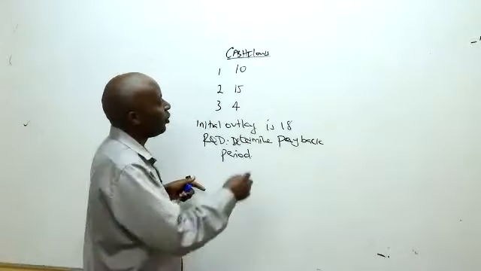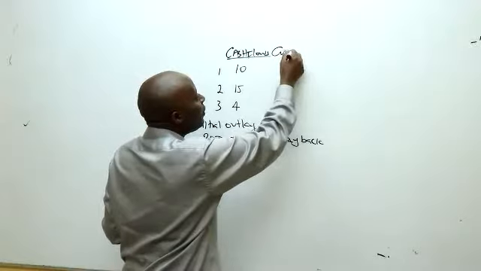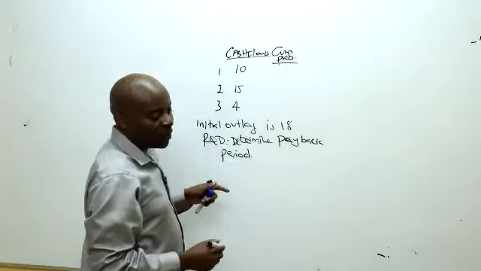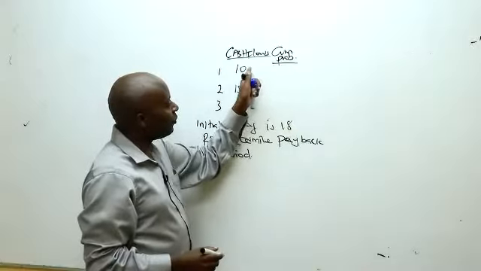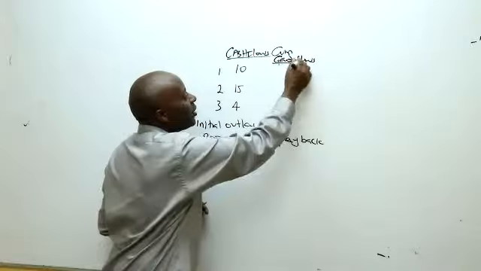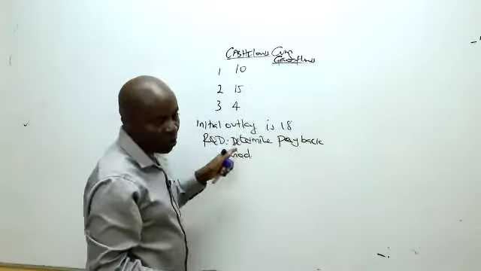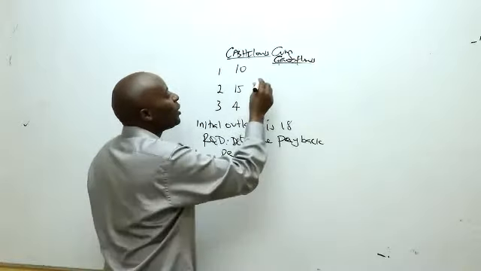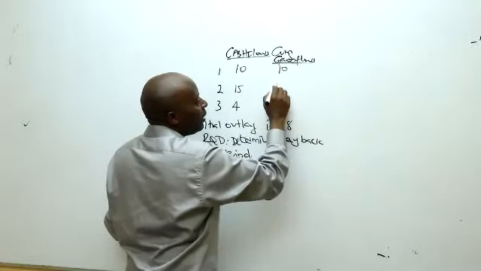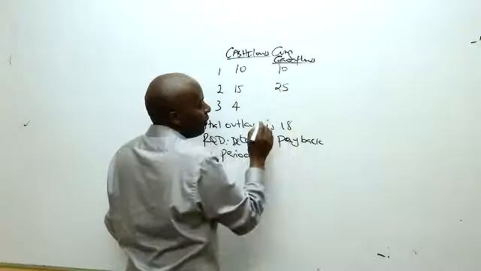So the very easiest thing that you need to do, if you are given this kind of cash flows, is to come and give us the cumulative cash flows. So accumulate the cash flows downwards. What do we have? We have 10. Add these here, that gives us 25.